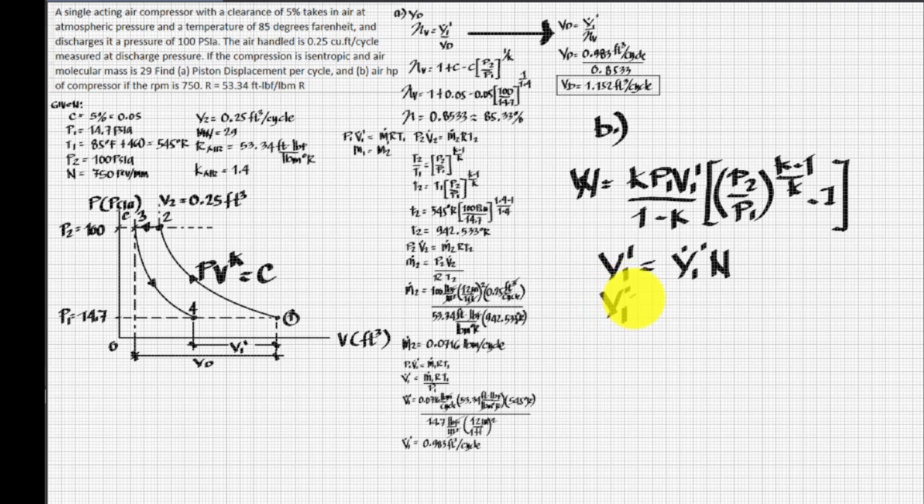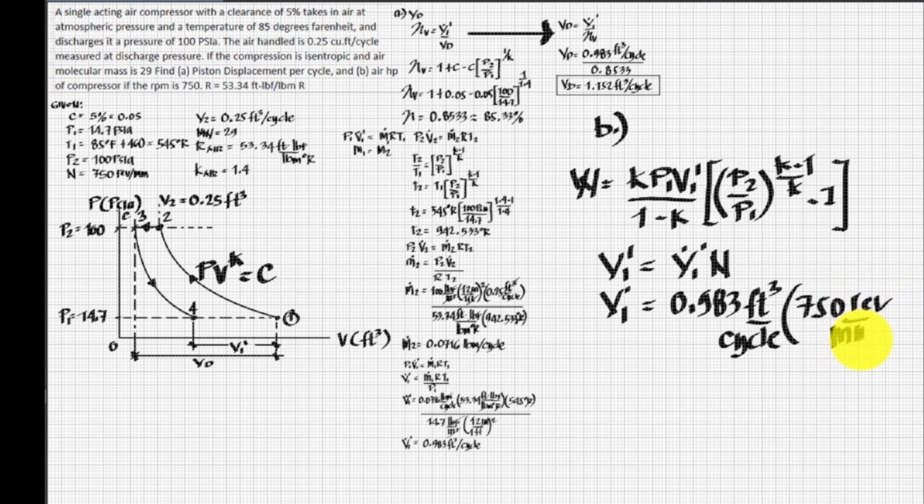So that is B1 prime is 0.983. So this is cubic feet per cycle. And we have yung N, which is 750. So that will be revolution per minute.